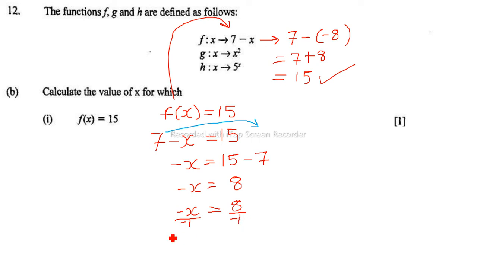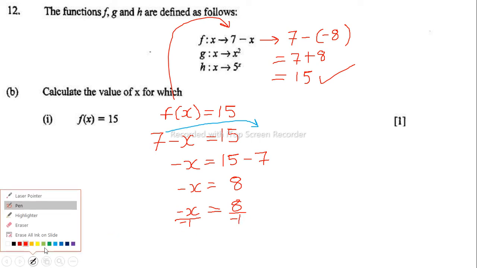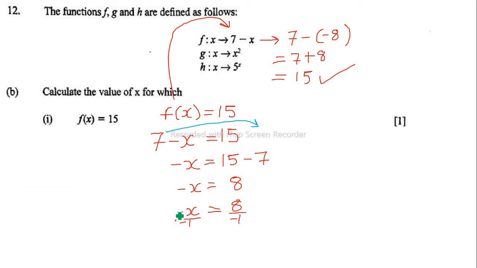And so negative becomes positive. And so we get that x is equal to what is 8 divided by negative 1? Negative 8.